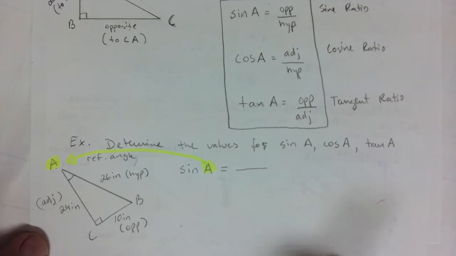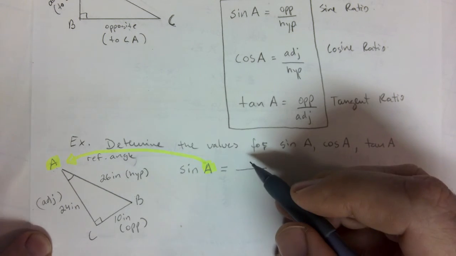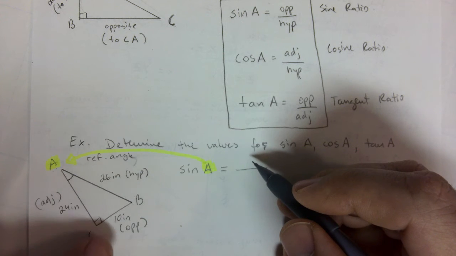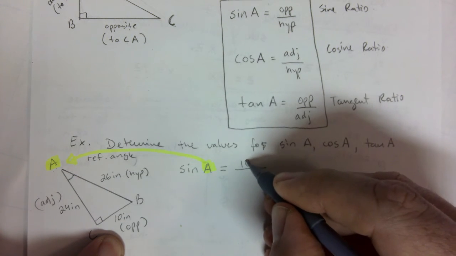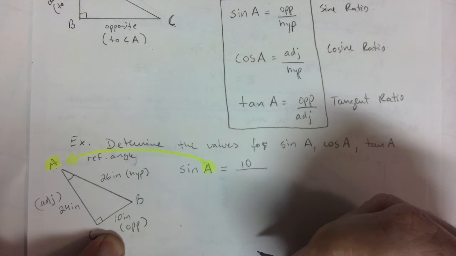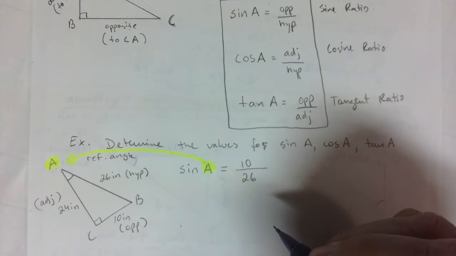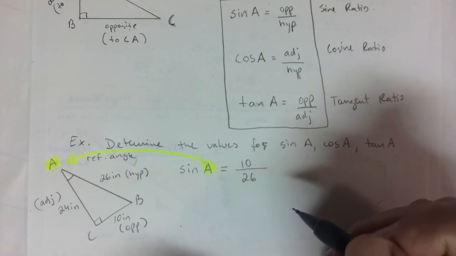Anyways, sine of A is opposite over hypotenuse. So the opposite side in this triangle right now is 10 inches. You don't need to put the inches down because they will cancel out anyways. And the hypotenuse is 26, so you put 26 down like that. Okay, so that is it, right?